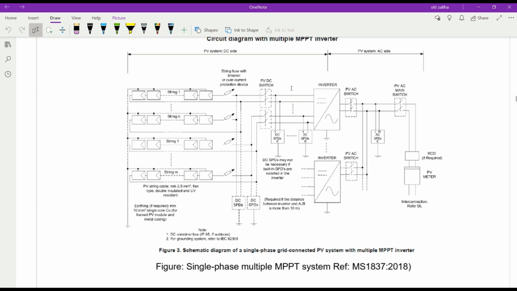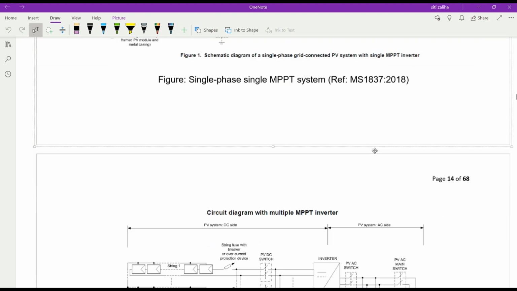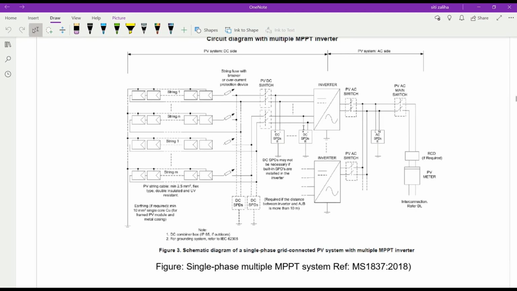So if you compare this circuit diagram with this circuit diagram, the difference is in this part. This one is single and this one is multiple. Other than that, still the same. You have DC switch, DC SPD, AC SPD, AC switch, AC main switch. Everything is the same except the connection for the inverter.